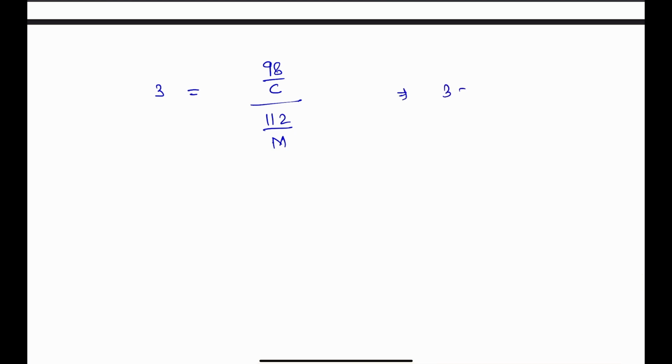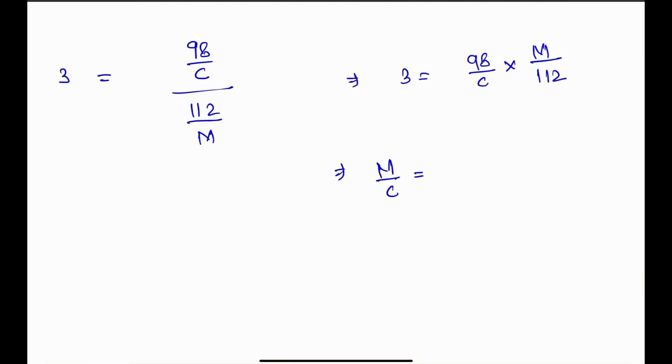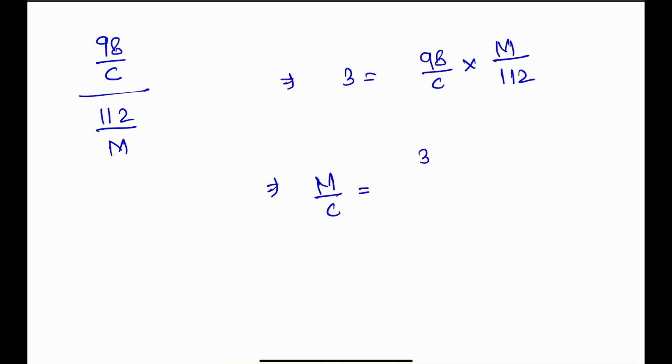So my 3 will be 98 upon C into M upon 112. So from here I can calculate M upon C as 336 upon 98.